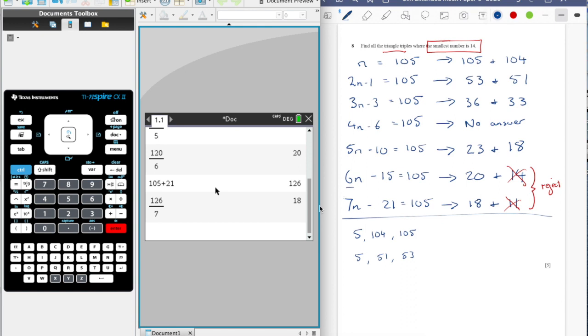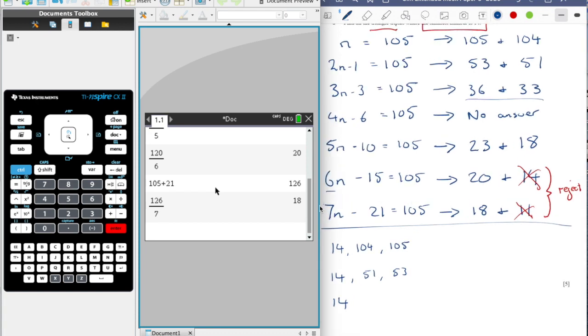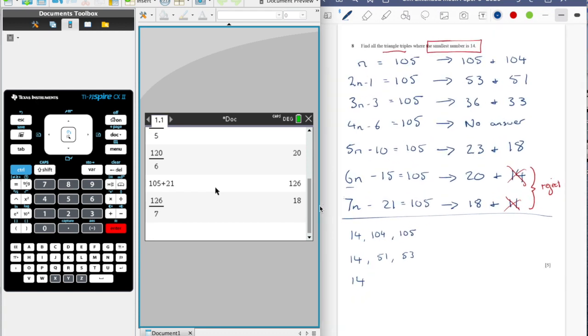I think that's just from across. Okay. The smallest number is 14 in all of these. 14, 14, 14, and what are these ones here? 33 and 36. 14 and 18 and 23 are my answers for this.